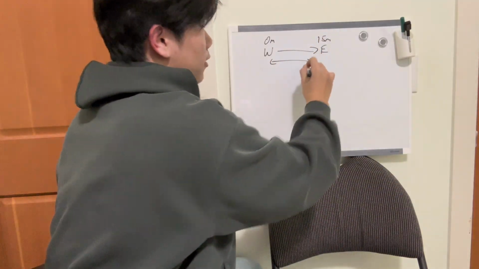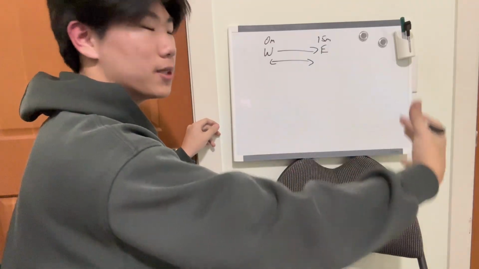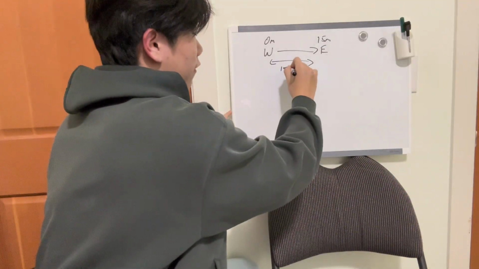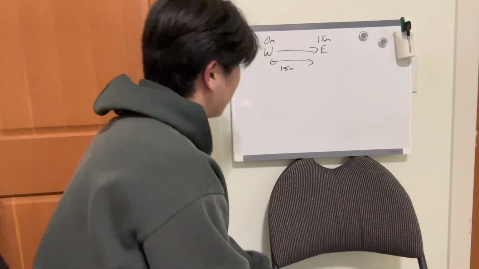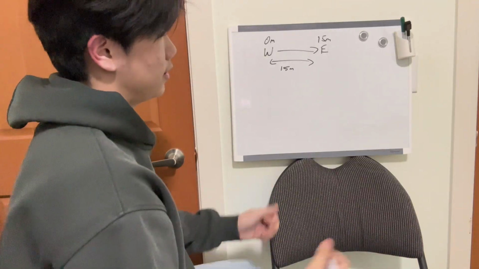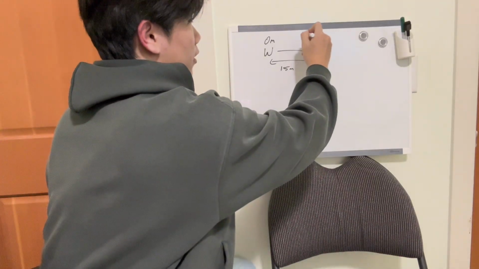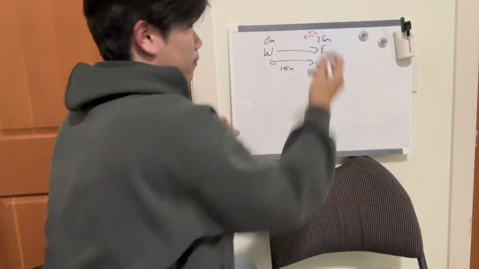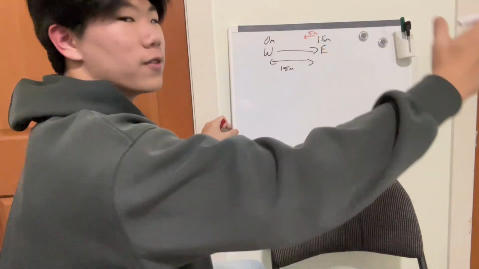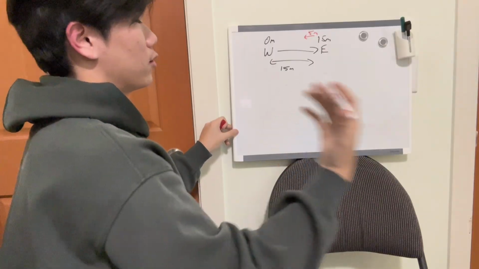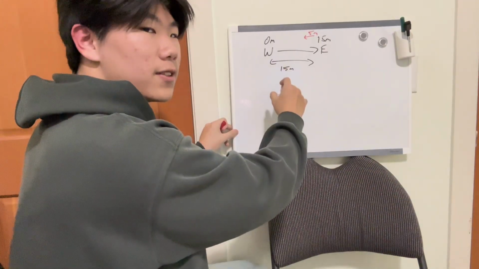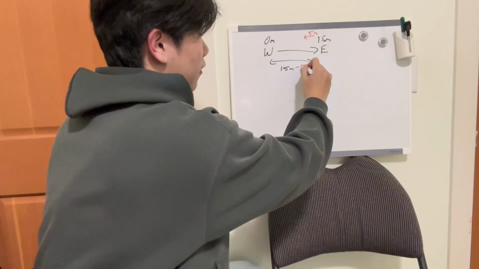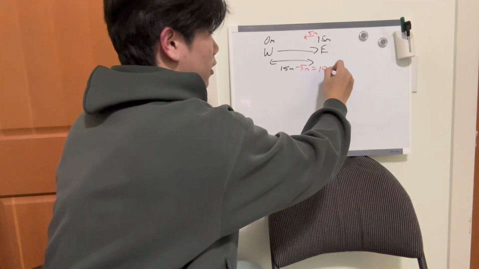My displacement would be the total change in position, which is 15 meters. Now, let's say I dropped something, so I have to walk back 5 meters. If I walk forward 15 and back 5, how do I get total displacement? 15 meters minus 5 meters will equal 10 meters.